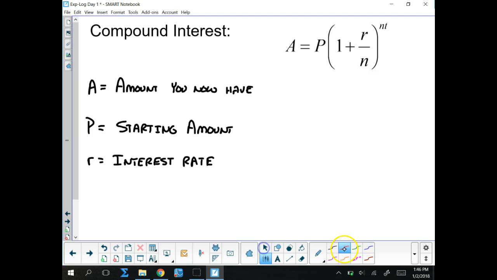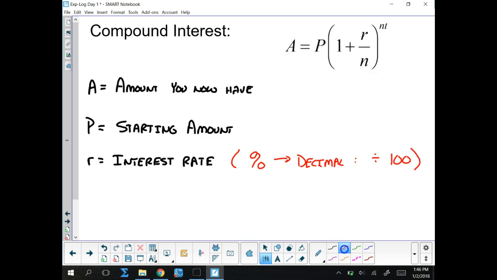Side note on that, it's going to be given to you in the problem as a percent, but you're going to use it in the formula as a decimal. And so you remember, you have to divide by 100 or move the decimal point over 2 spots to the left.